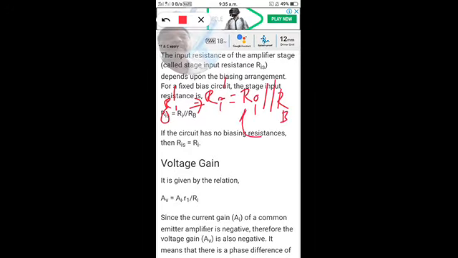We can calculate Ri from the formula: Ri is equal to HIE plus HFE AI into RL.